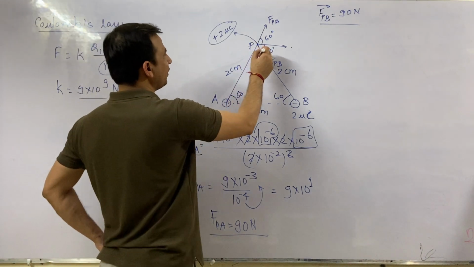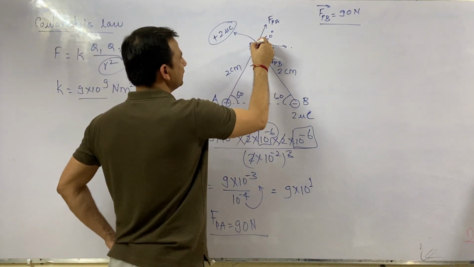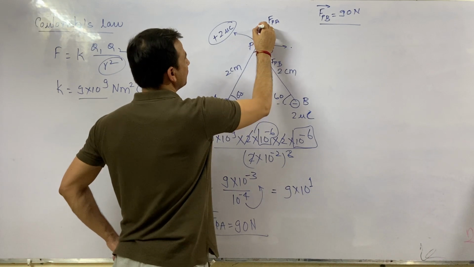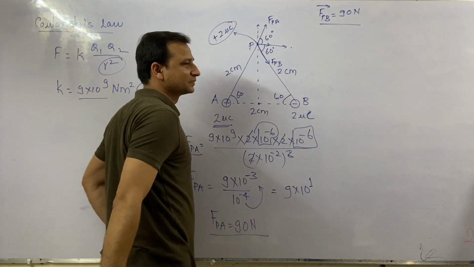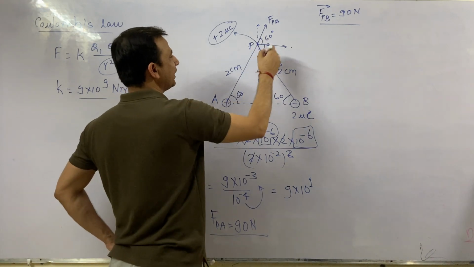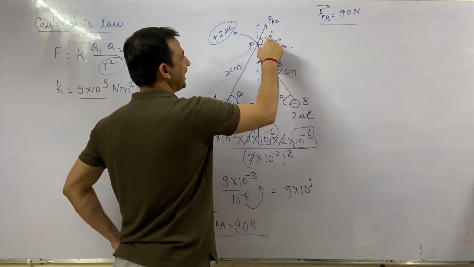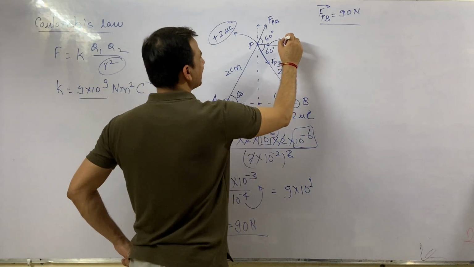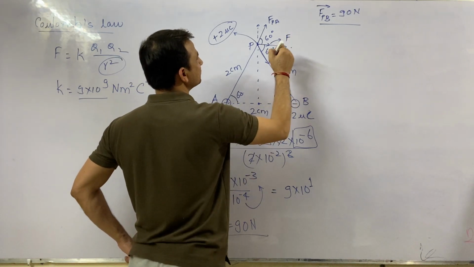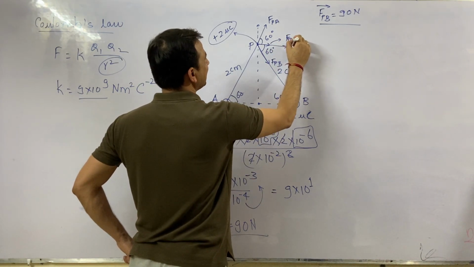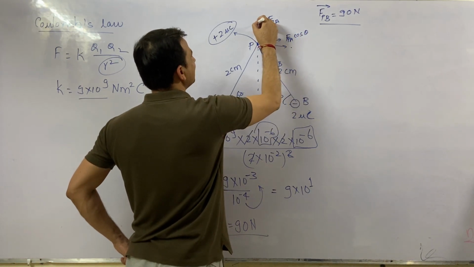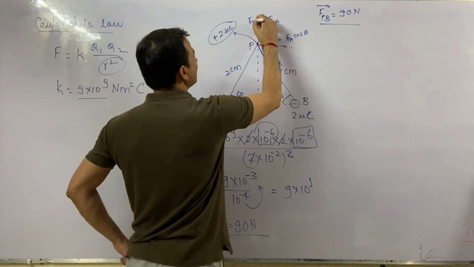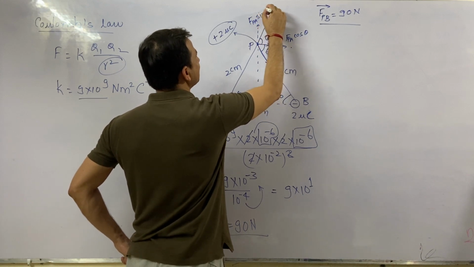For FPA, one component will be vertical and the other horizontal. The horizontal one, because it's adjacent to the angle, is FPA cos theta, and the vertical one is FPA sin theta.